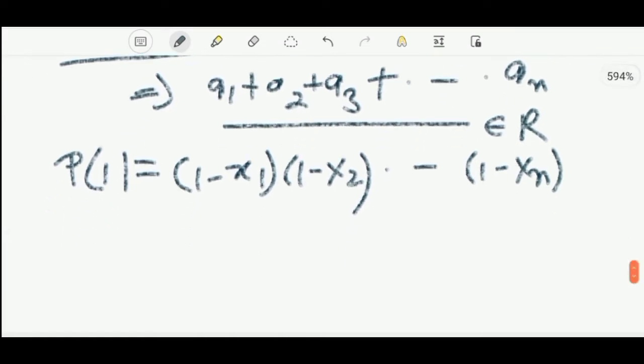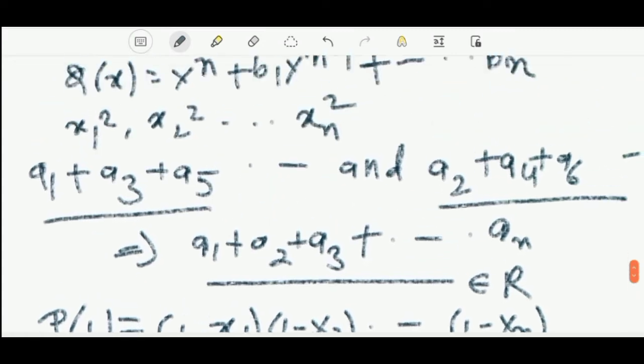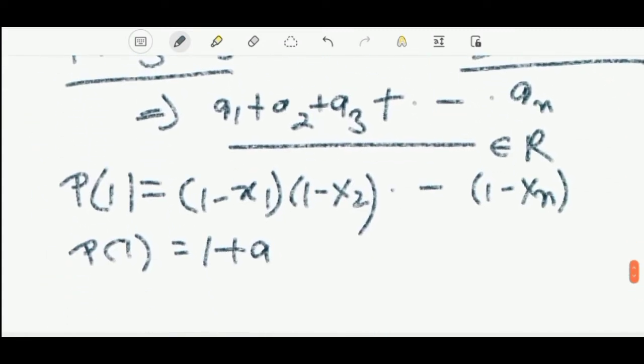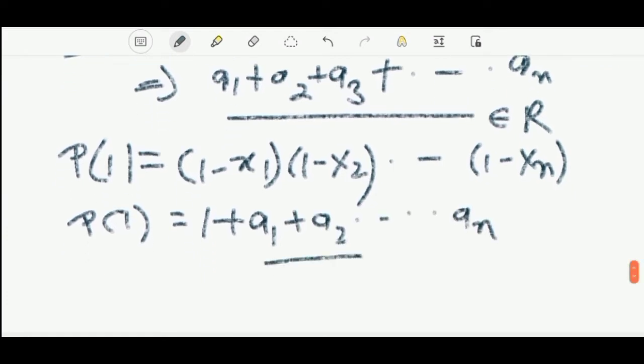Similarly, we can find the value, and if you see, p of 1 is nothing but 1 plus a1 plus a2 up to an, and we know that this quantity is a real number.